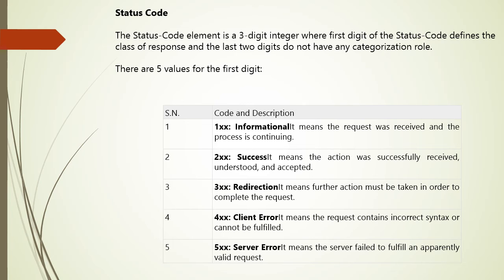The code 3xx, that is redirection, indicates that further action must be taken in order to complete the request. 4xx, that is a client error. It means the request contains incorrect syntax or cannot be fulfilled. The code 5xx indicates a server error. It means the server failed to fulfill an apparently valid request.